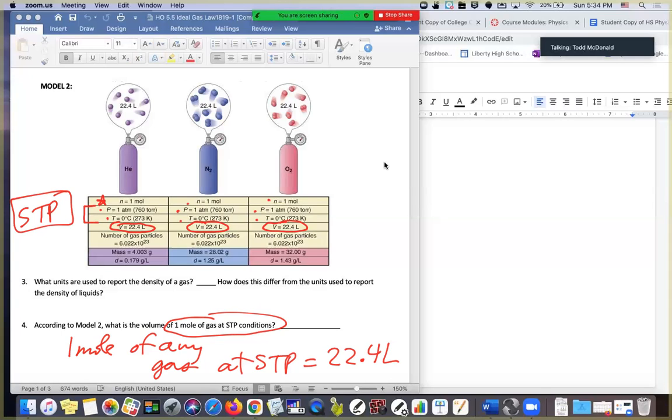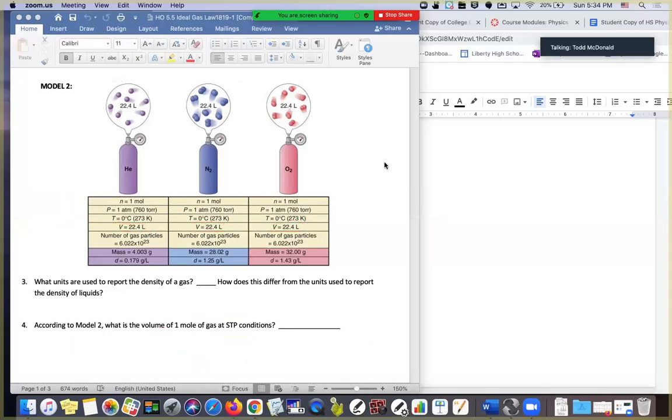But here's also what I want you to look at. I want you to look at the last 2 parts of this chart, and that is mass and density, okay? So first of all, you should remember that density is the ratio of mass to volume, okay?